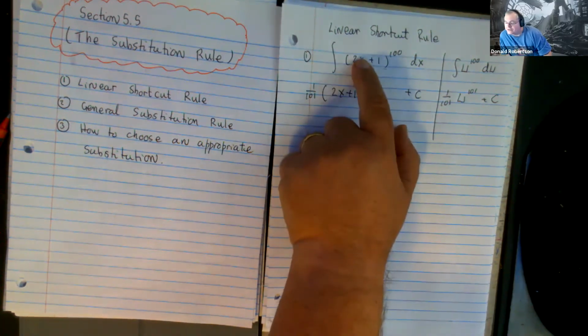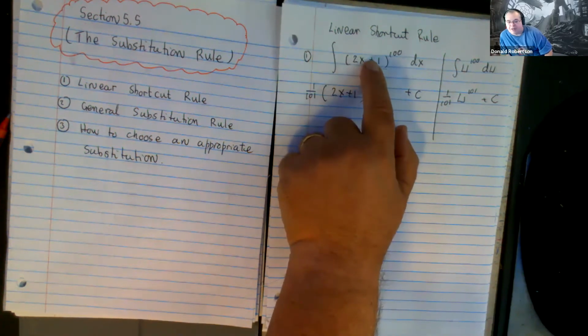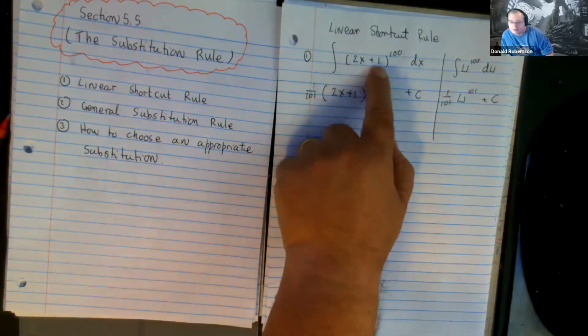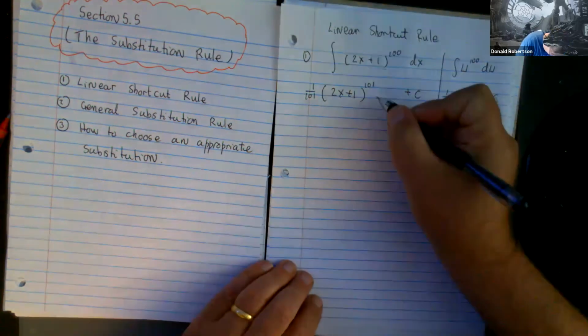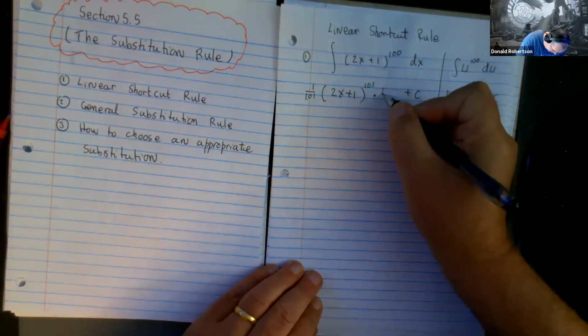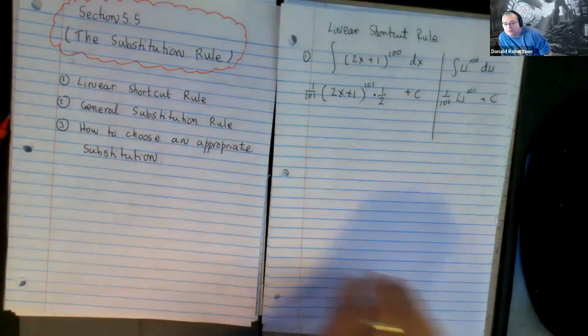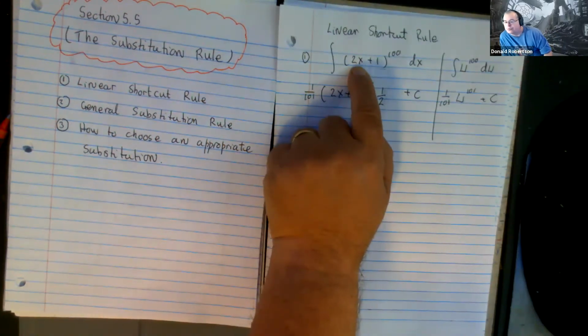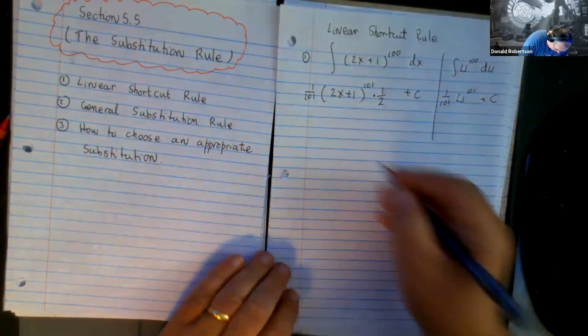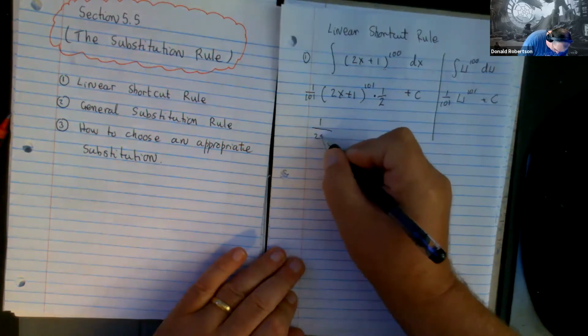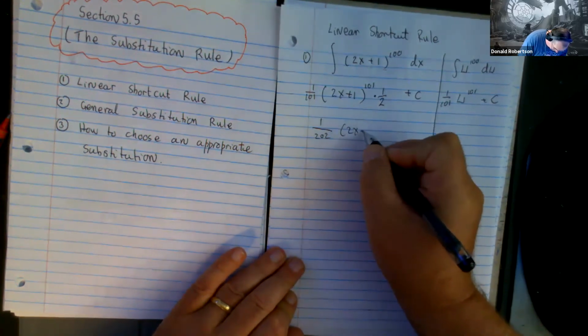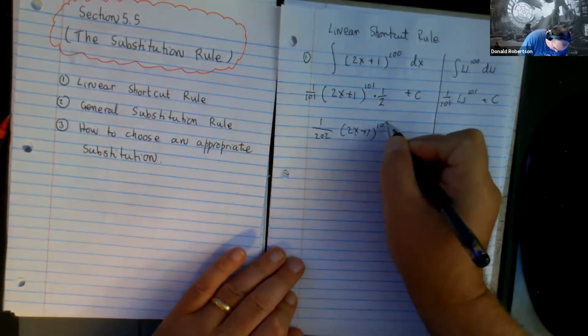But it's not x, it is 2x plus 1. That's the linear part. They're always going to be linear. So what you finish with is times a half, or if you like, divide by 2. So the final answer is 1 over 202, 2x plus 1 to the 101, add c.